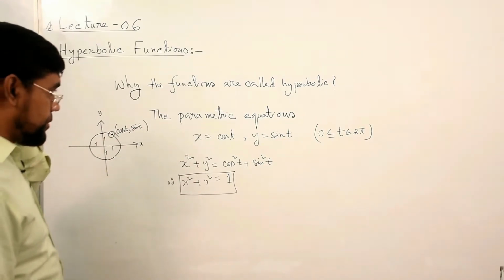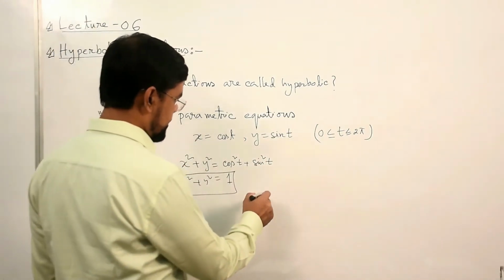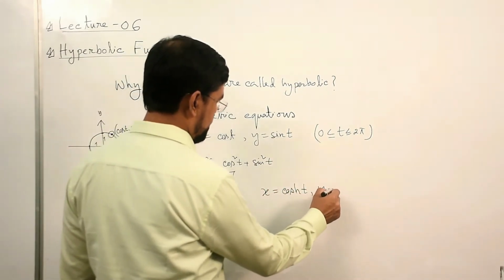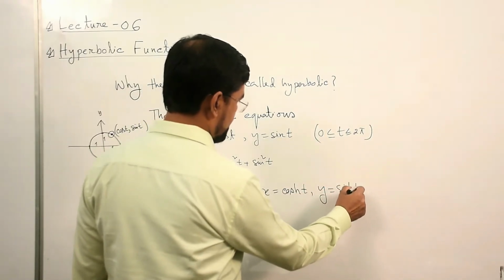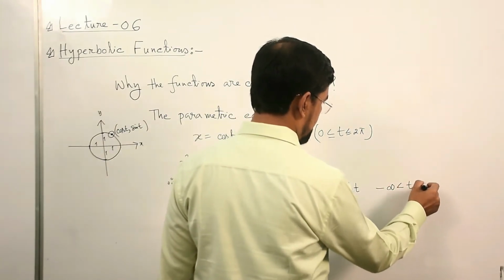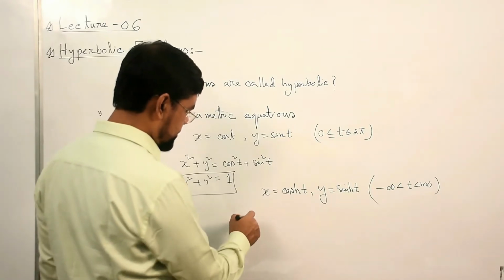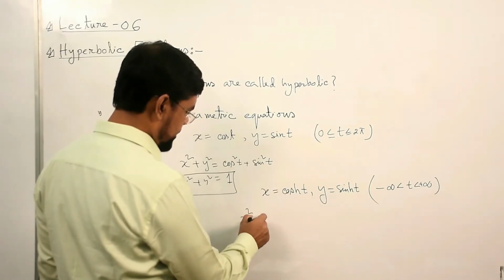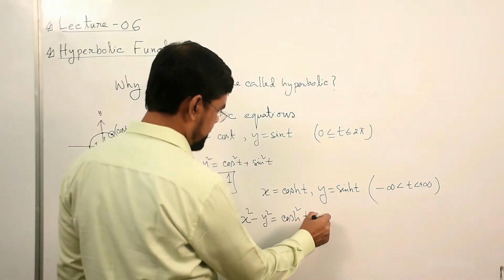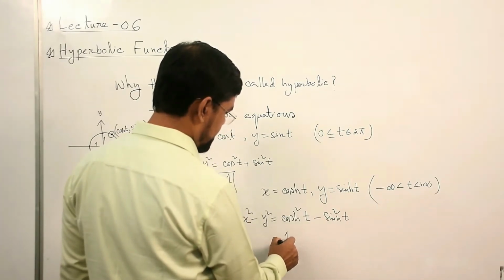And again, if you write another parametric equation like x equal hyperbolic cosine of t and y equal hyperbolic sine of t, where t goes from negative infinity to positive infinity, in this case if you square and subtract one from another, you will get x square minus y square equal cos hyperbolic square t minus sin hyperbolic square t, which is equal 1.